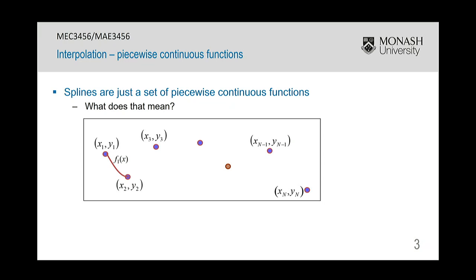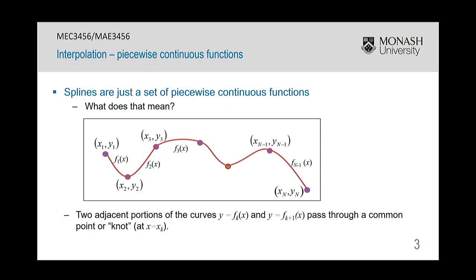That gives us the y value as a function of x. Between the second pair of points, we fit another function, f2, and these are completely different functions. Between point 3 and point 4, we fit another function, f3, and on we go until eventually we fit the final function, f(n-1), that goes between points n-1 and n.